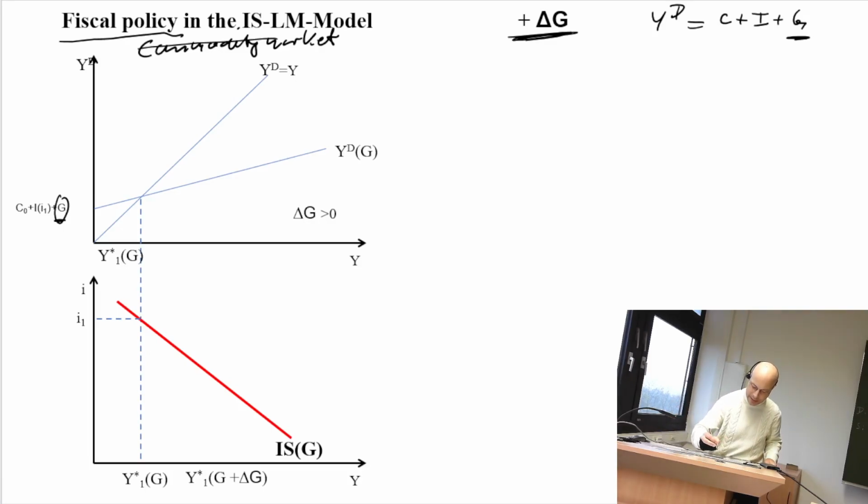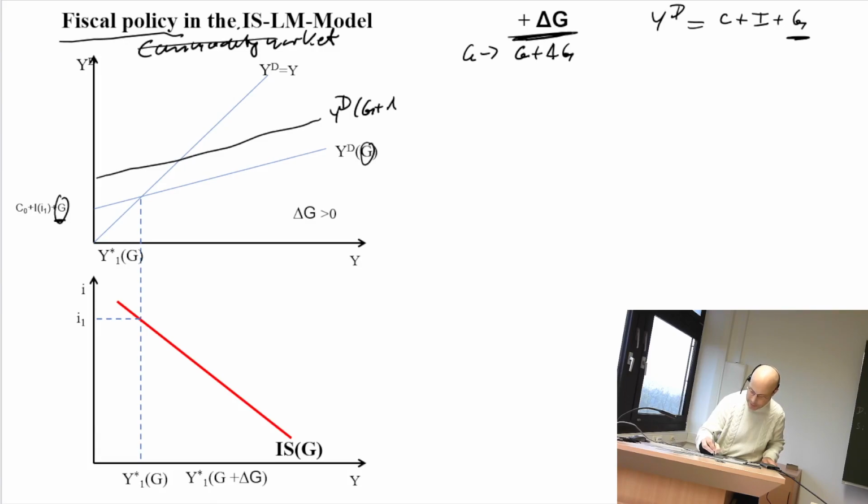So this is depending on G, and now we are increasing G to G plus delta G. So we obtain our parallel shift YD of G plus delta G. So this is then C0, and now this is important.